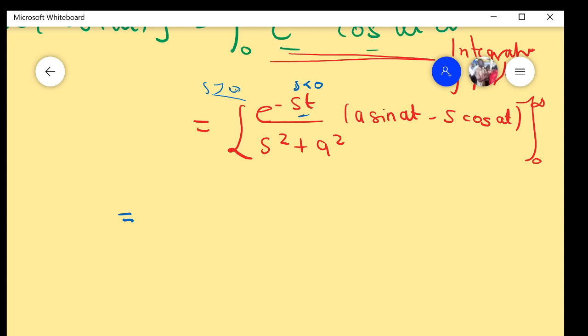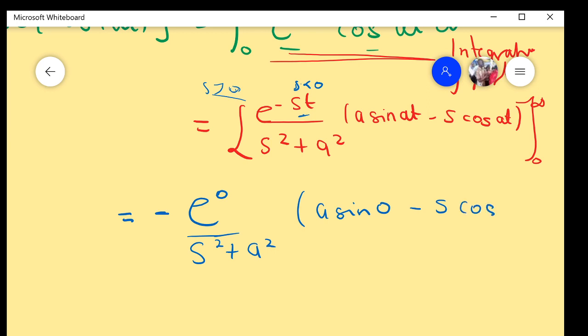So all this other part is going to go to 0. So I'm going to have this part e exponent 0 over s squared plus a squared into brackets a sine 0 minus s cos 0.